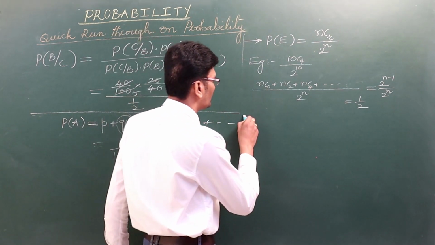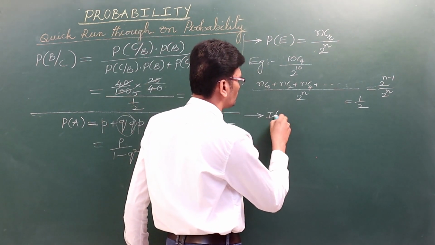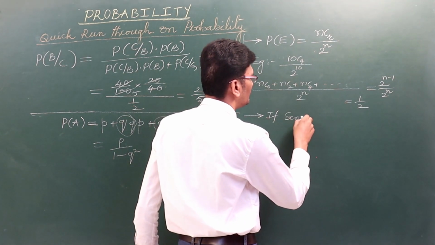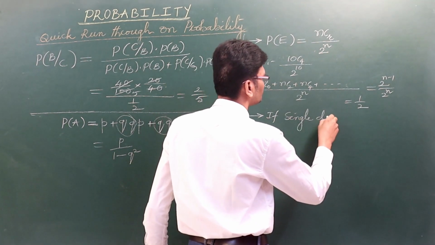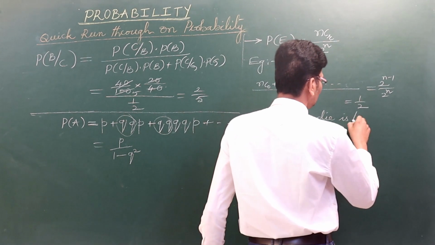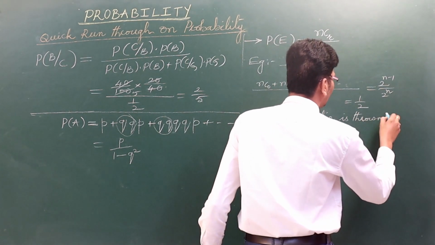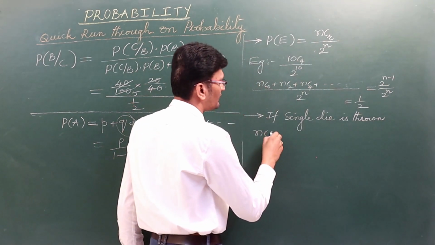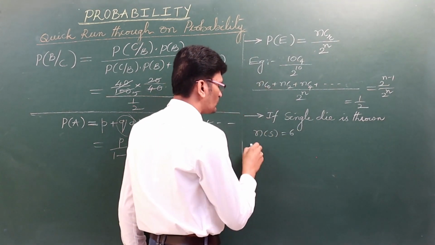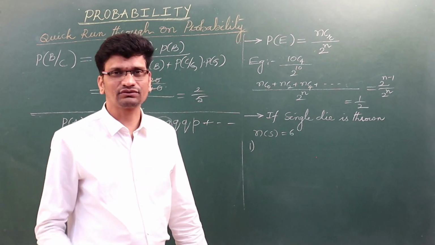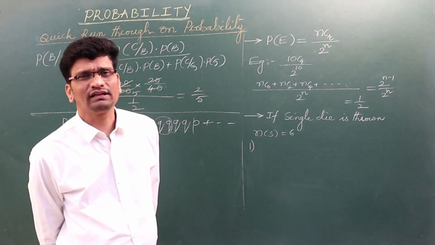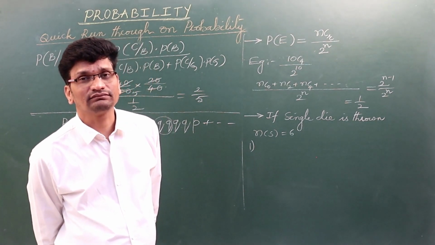Now, for the die. If a single die is thrown, then all of you know n(S) is equal to 6. Now questions can be framed like this. First one, if a die is rolled, what is the probability of getting an even number?